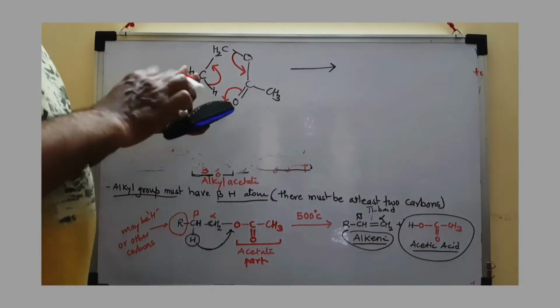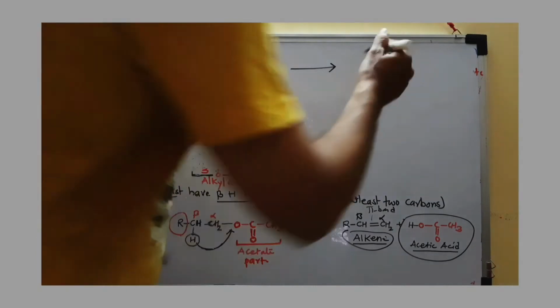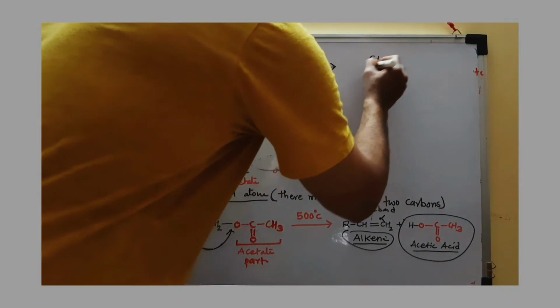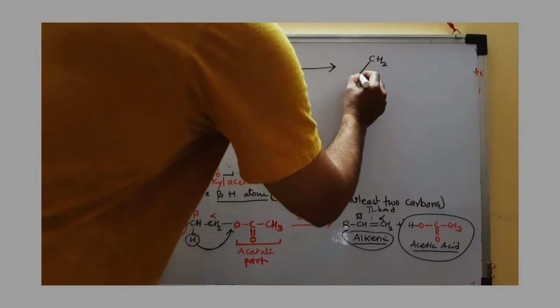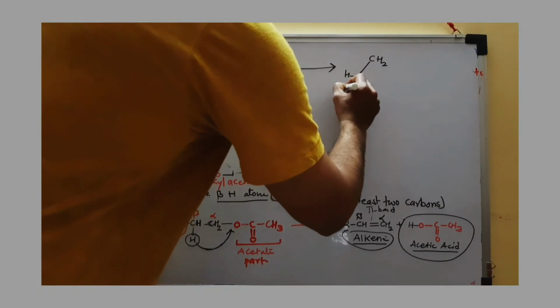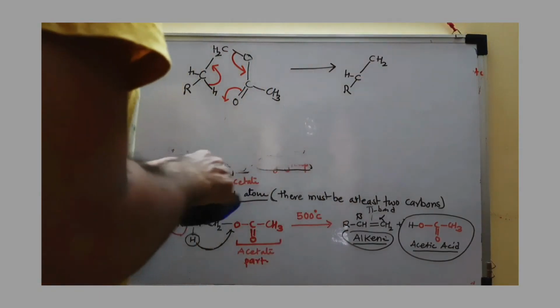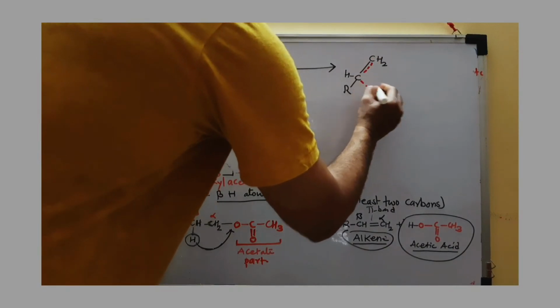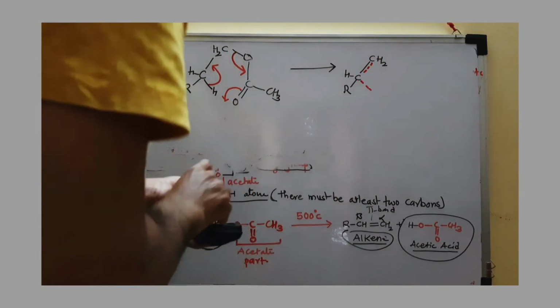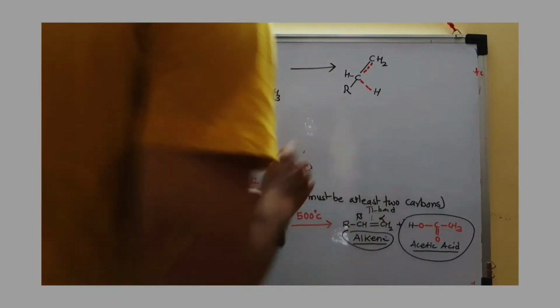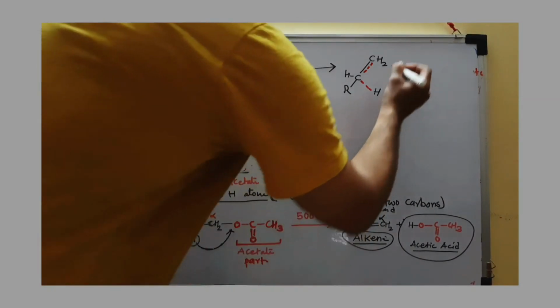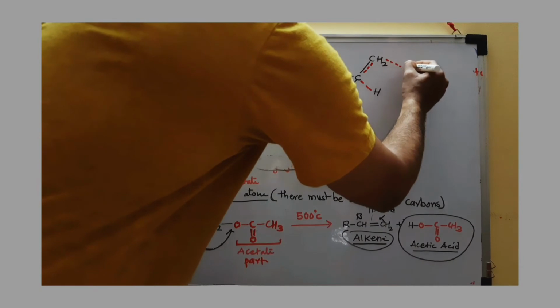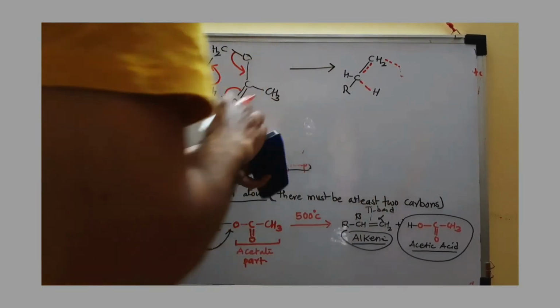As I mentioned earlier, you have to show those bonds by using a dotted line. So the bonds that are broken, you show by using a dotted line. Here this is a dotted line and H, this bond is broken, this bond is broken.